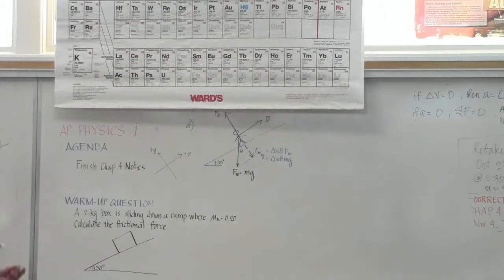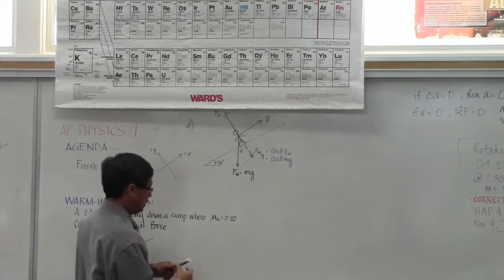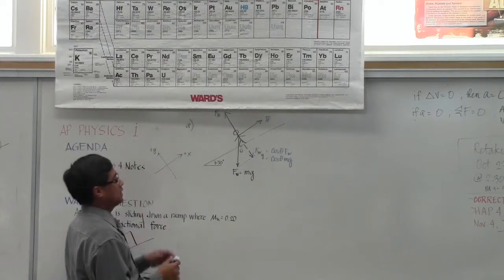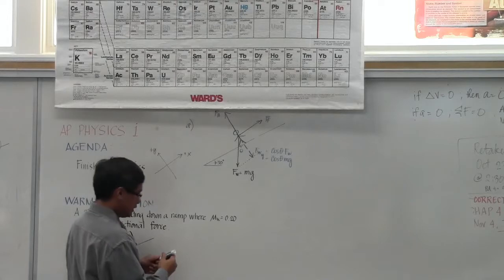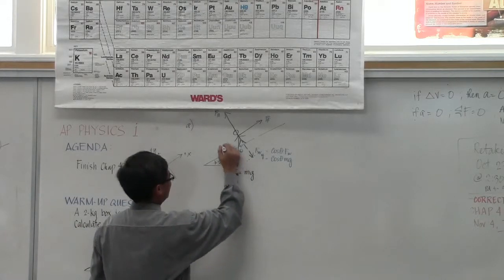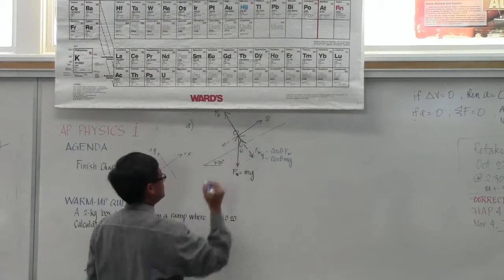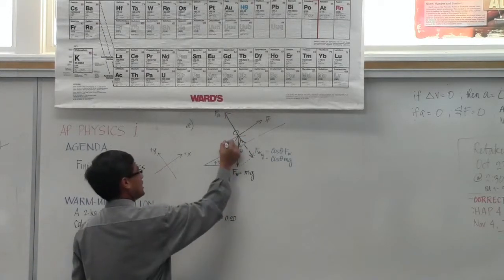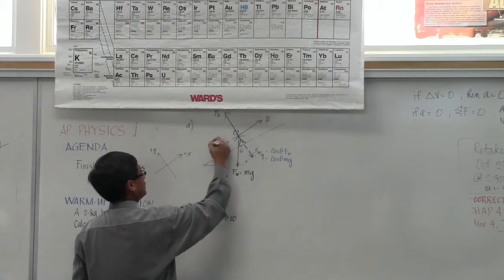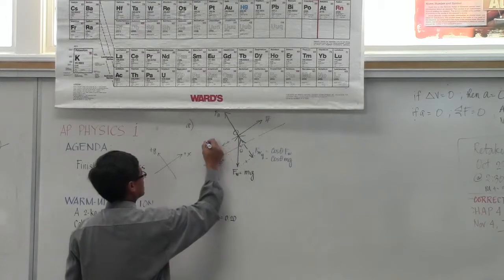If you notice, we're repeating and repeating. Now, what's the next thing that we're looking for? Since we're going to find its acceleration going down, might as well find the x component. And this side is equal to this side, so it's FW x.